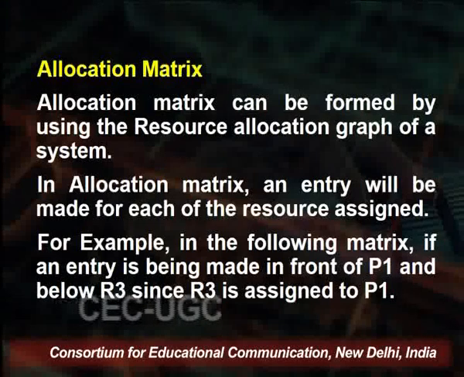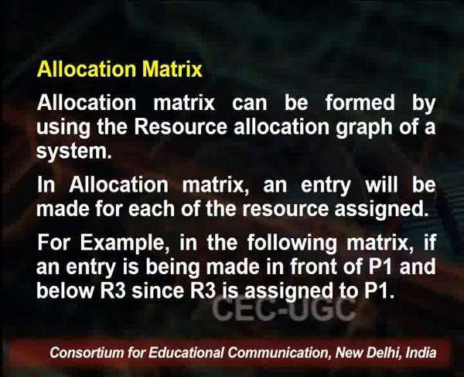The system may or may not enter into a deadlock if there are multiple instances of the resources. So a cycle is definitely a necessary condition for deadlock, but it is not a sufficient condition in case the resources have multiple instances.